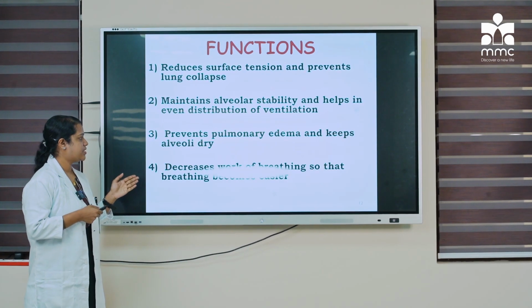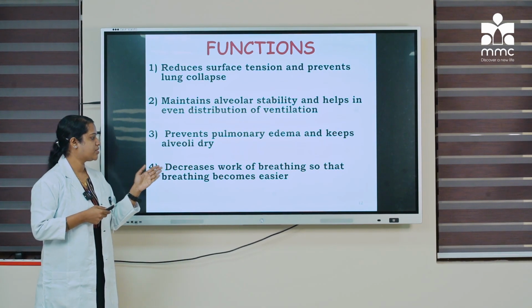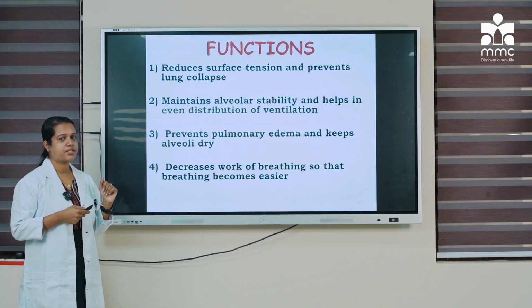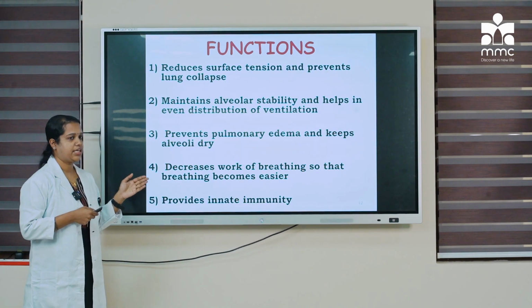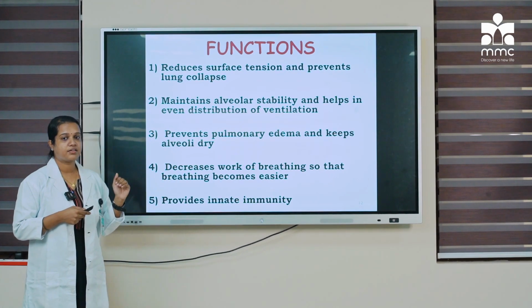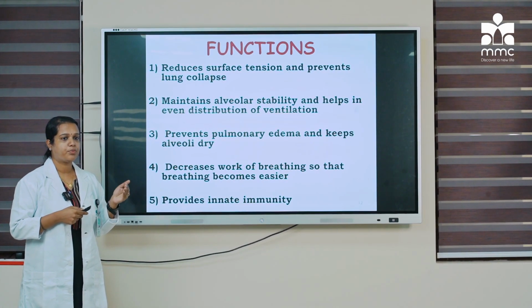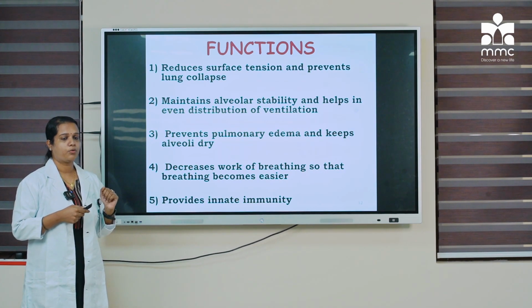Now the next function is that surfactant will also help to decrease the work of breathing so that the breathing mechanism becomes easier. And the last function is it provides innate immunity. Now we have already seen under composition that surfactant is composed of apoproteins and immunoglobulins. So these apoproteins and immunoglobulins can act as opsonins.